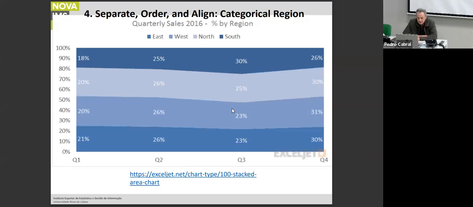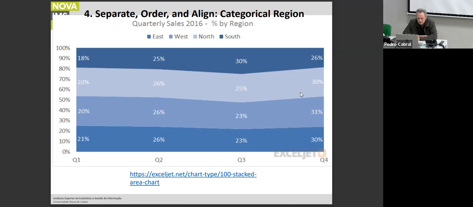Okay, so we have here a good example of a stacked area chart. I think in this case it works well. We only have 4 quarters, okay? We have sales per region. Each type of blue represents a region. And we have actually the value of each proportion. So if you sum the line altogether, this is 100%, okay?